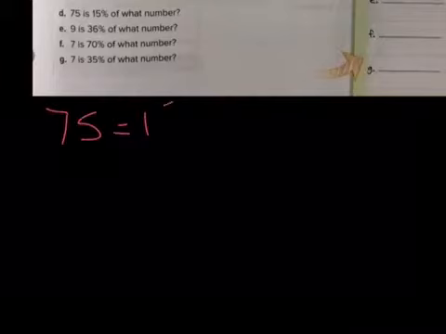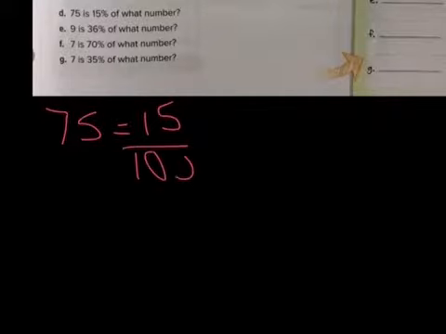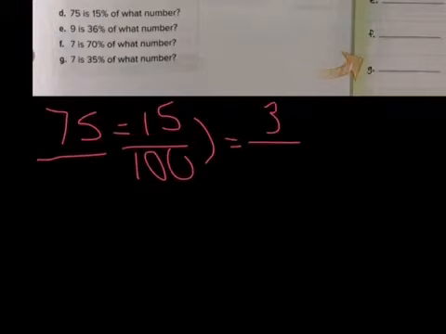Okay, let's see. 75 is 15%. There we go. 75 is 15%, right? That's number one. You can simplify that. You have 3 5s at the top and 25s at the bottom, don't you? But what do you have 3 of right here?